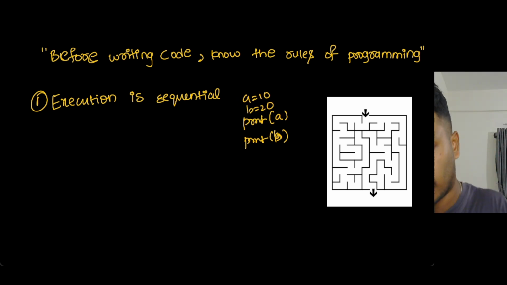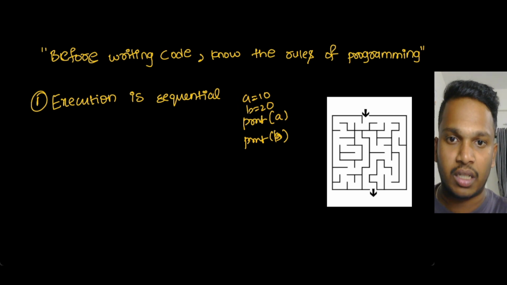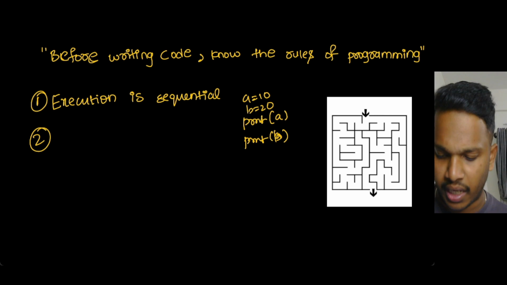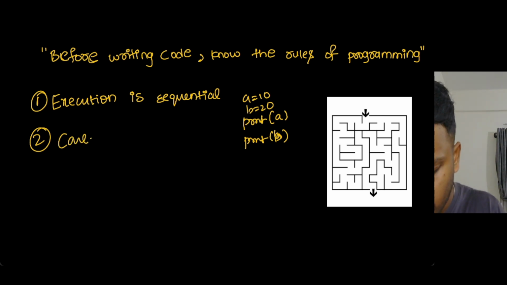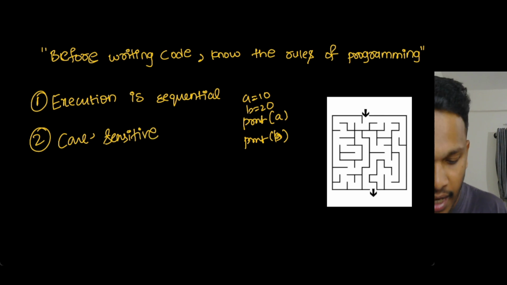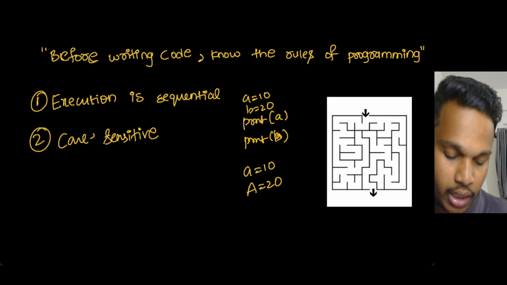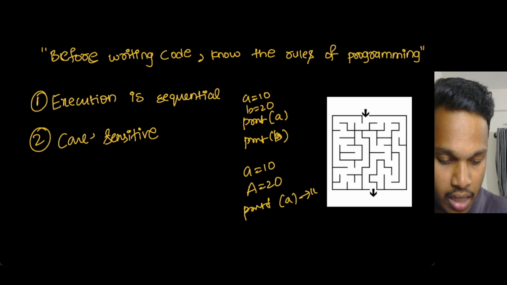The next thing is case sensitive. What is case sensitive? We already know. If a person writes small a is equal to 10 and capital A is equal to 20, print a will print 10, and print capital A will print 20.